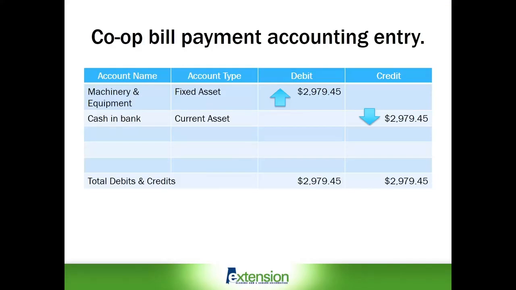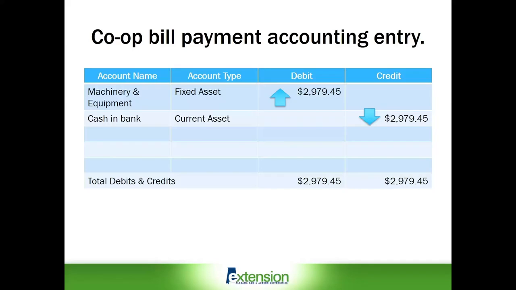Now let's briefly review the accounting entry for this check payment we just entered into Excel. In this example, the farm fixed asset account went up with a debit entry of $2,979.45, right there. On the other hand, the cash and bank entry records that the farm balance sheet went down $2,979.45.